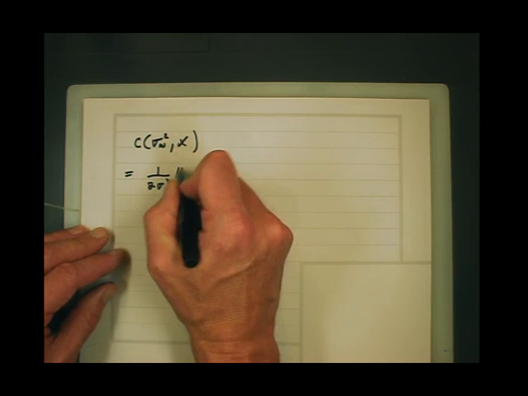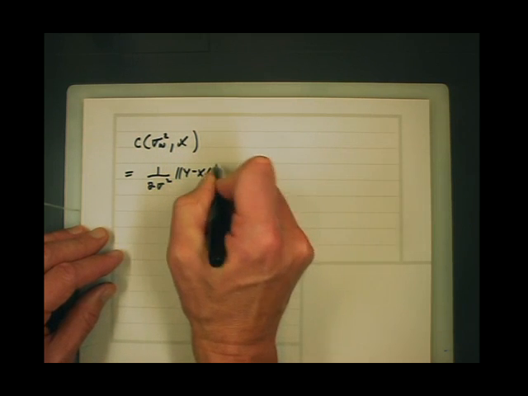And then it's going to be the norm of y minus x squared, right?